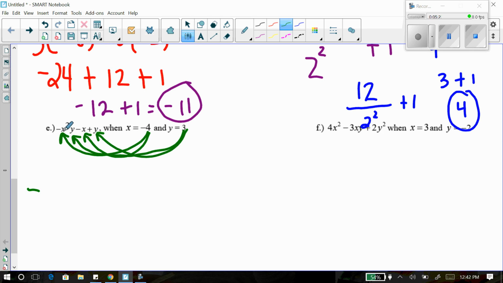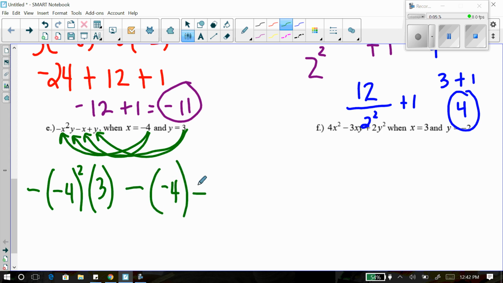So I see an x, I'm going to substitute in a (-4). My y is 3, minus (-4) plus 3. Now, you can simply put this in your calculator to check, okay? But if you do not use parentheses correctly, you will get the wrong answer, I promise. So please use parentheses every time you substitute.